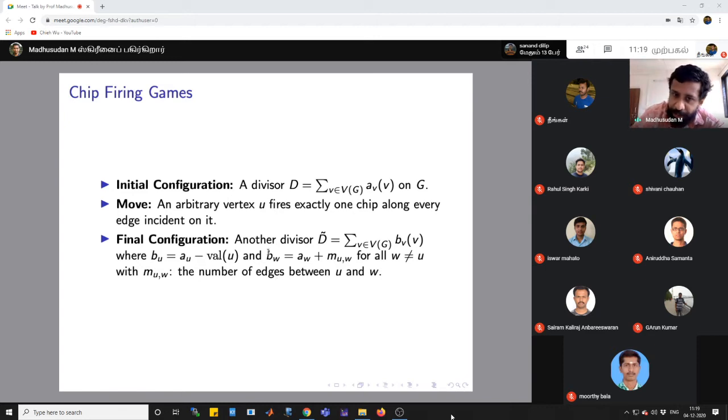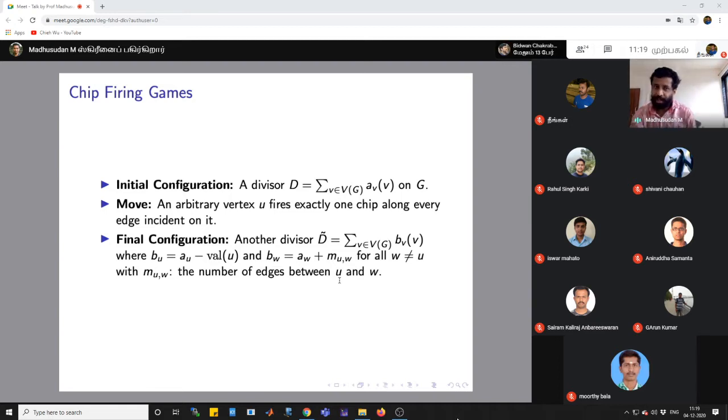So the coefficient BW will be AW plus MUW for all W not equal to U, and MUW is the number of edges between U and W.